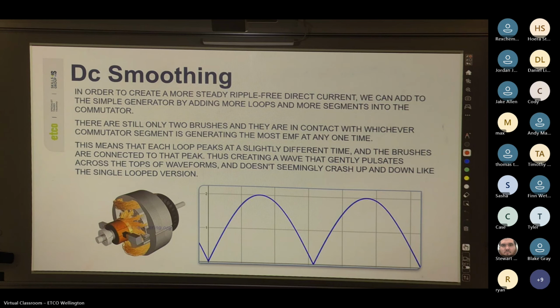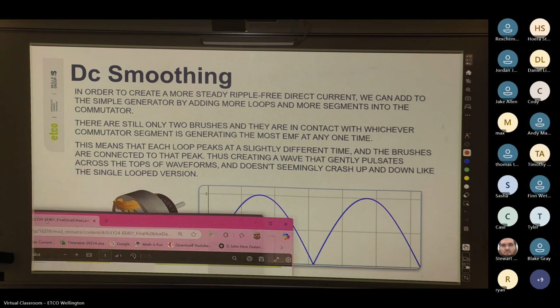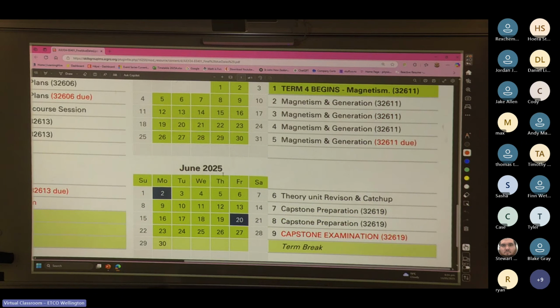It is online, so it'll be just like your end of term exams, or tests, sorry. This is the calendar, and if we zoom in, we come over here to the last term. Currently it is the 13th, so we're in week 3. Weeks 4 and 5 are magnetism and generation, 6, 7, 8 are capstone prep, and then the capstone is on the 24th.